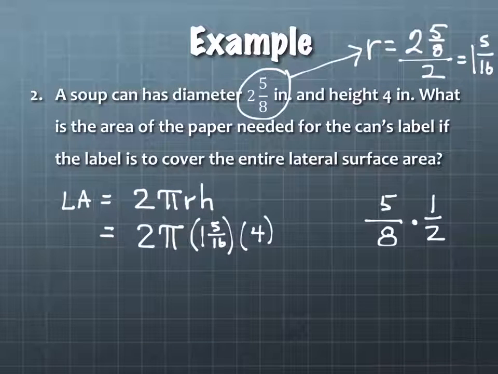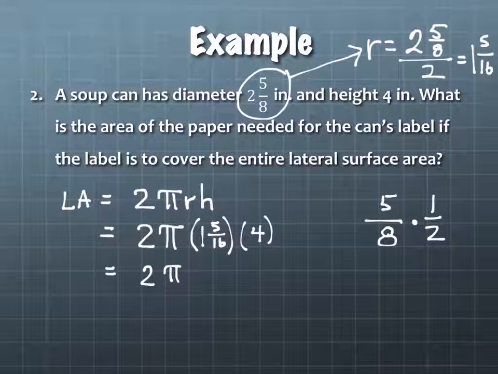All right, so you need 2 times pi times 1 5/16 times 4. If you clean this up, I'll clean it up with you, you might notice that this 4 and this 16 will reduce. In fact, what we might want to do even is to change this into a mixed number. So if we multiply 1 times 16, we get 16 plus 5.